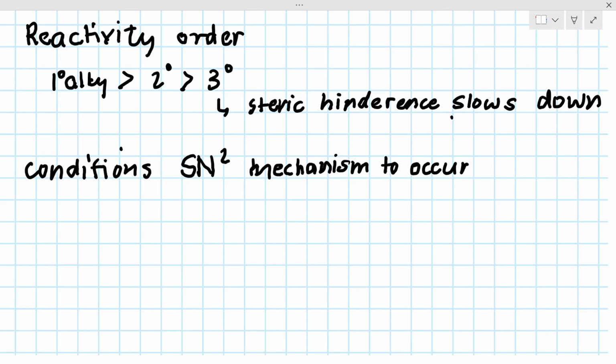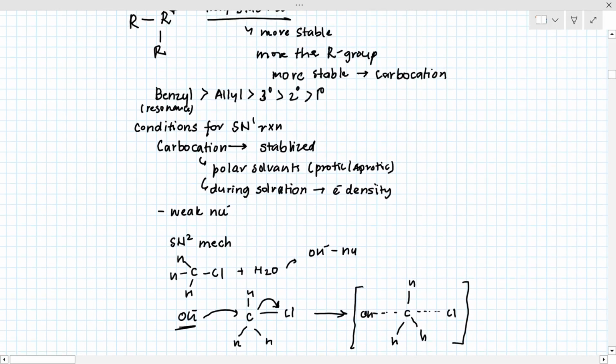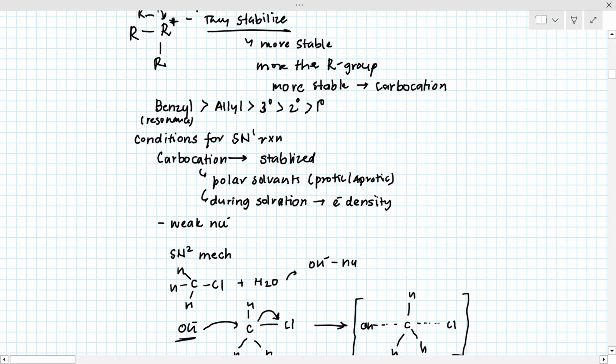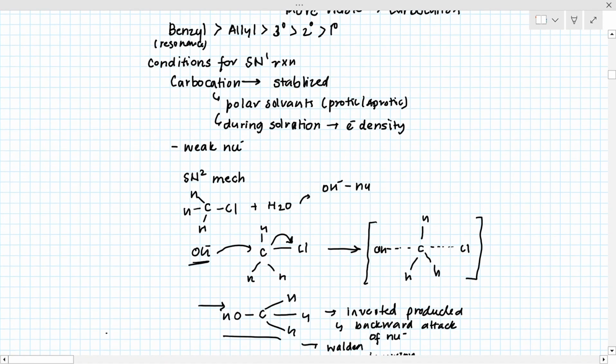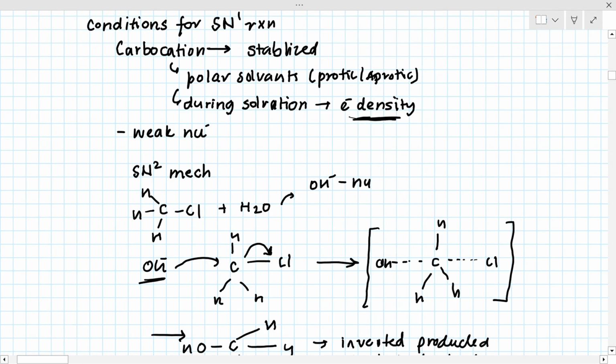So there we saw a few conditions for the occurrence of the SN1 mechanism. The carbocation should be stabilized, so we use polar solvents. The polar solvents solvate the alkyl halides and release electron density, which in turn stabilizes the carbocation.